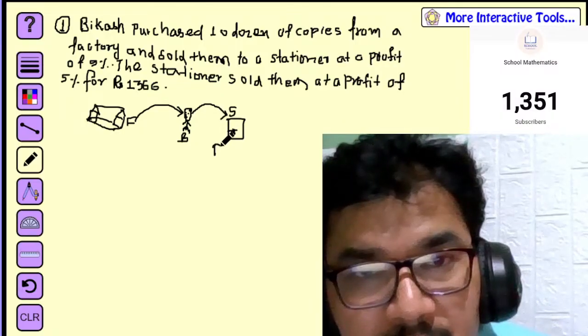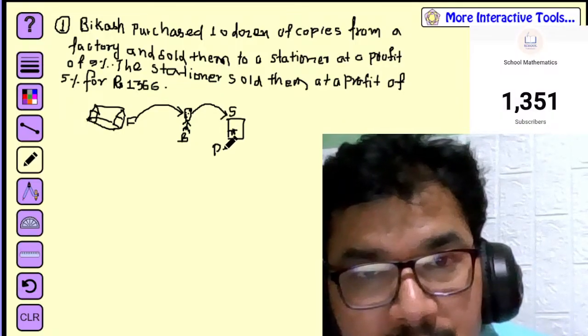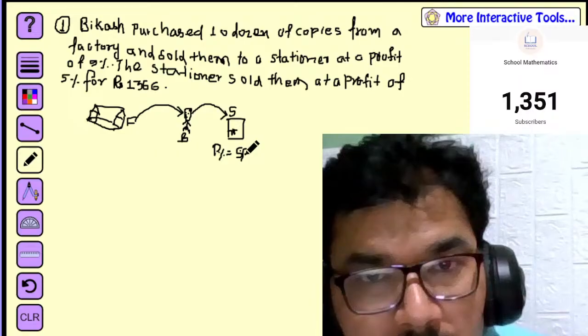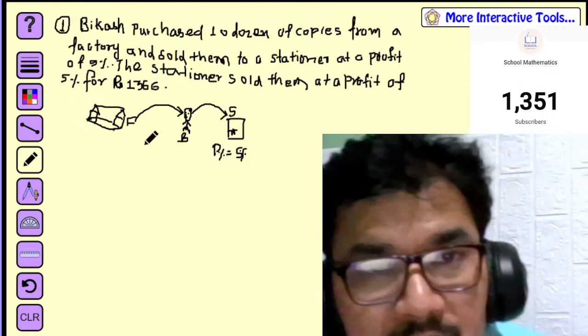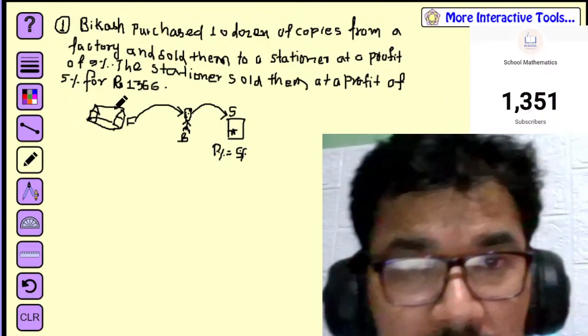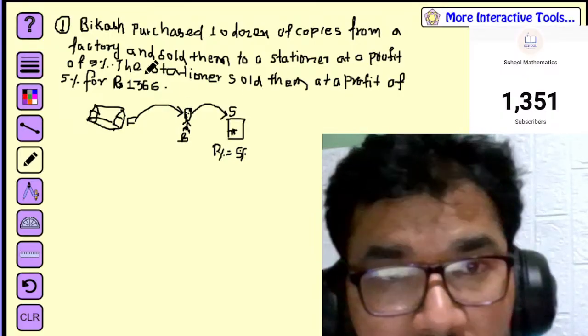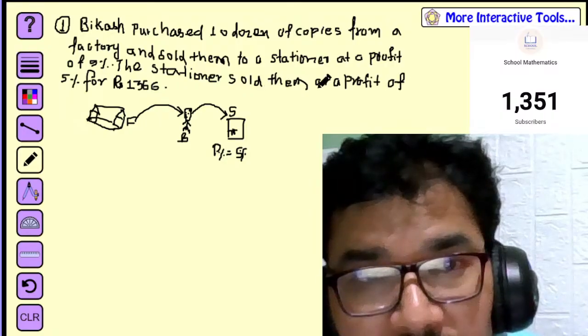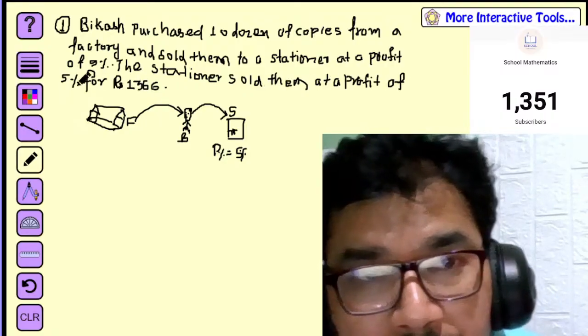For the stationer there is given profit percentage, I am writing P percentage shortly, here 5%. The stationer sold them at a profit of 5%.